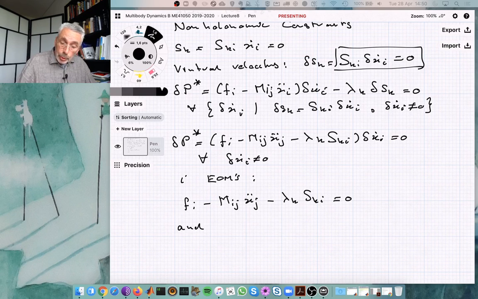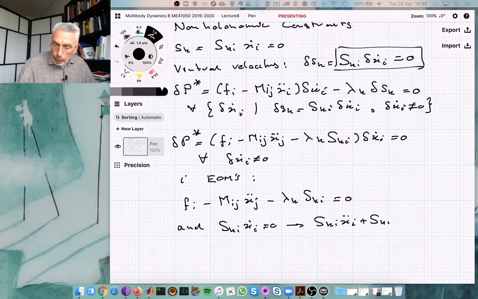So that was our constraint on the velocities, but now we need it on the accelerations. So we take S_ki x dot_i is 0, and then we differentiate with time. So we get S_ki x double dot_i plus S_ki,j x dot_i x dot_j is 0.